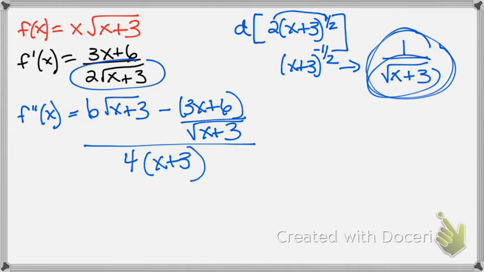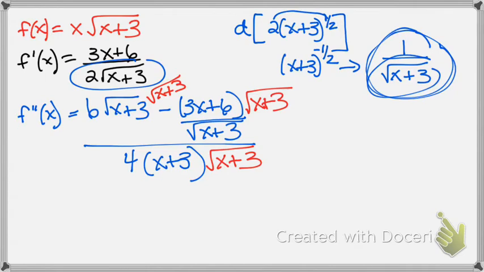So that's my second derivative, but again, I just kind of have to clean it up, and this is not pleasant. Here we go. Since it's a fraction within a fraction, I'm going to get rid of the problem and multiply by this denominator, the square root of x + 3, top and bottom. Okay, what do we get?